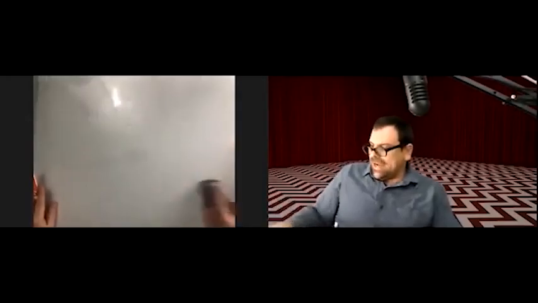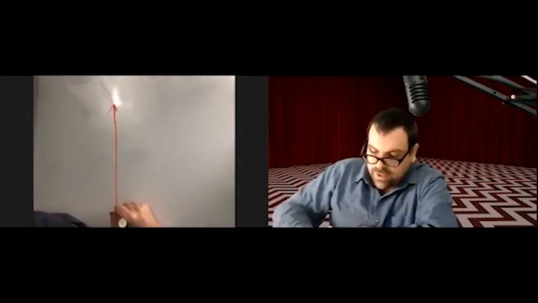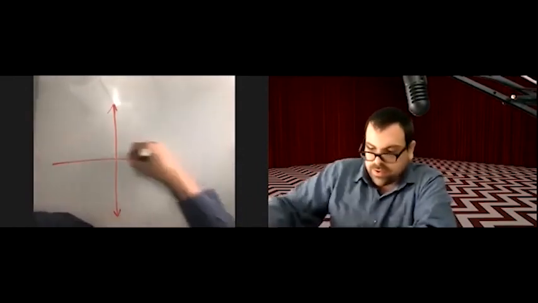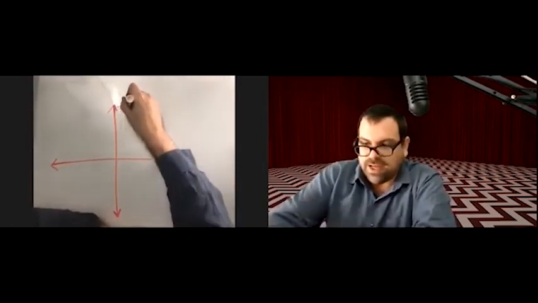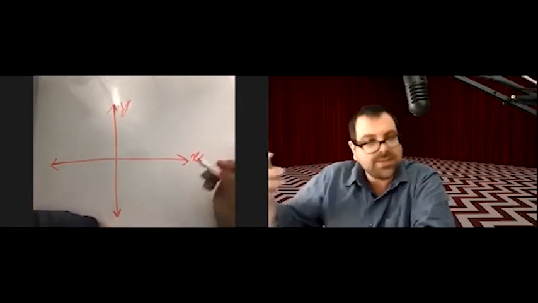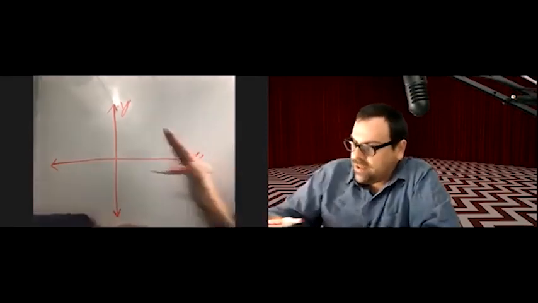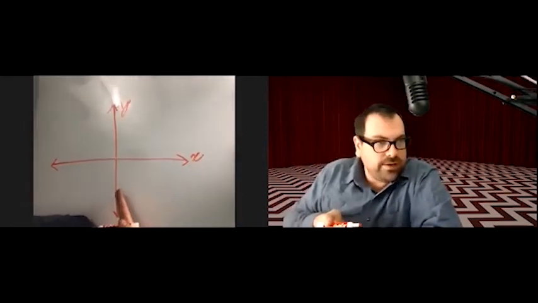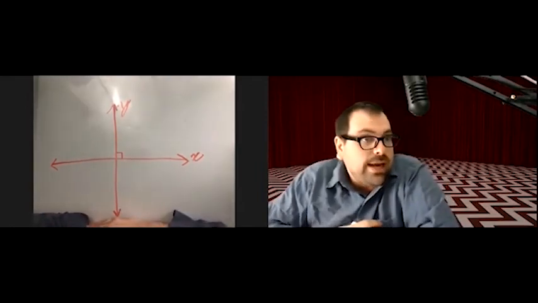I want to point out, in terms of vertical and horizontal, and I'll just use the most famous vertical and horizontal lines, our y-axis and our x-axis. A horizontal line and a vertical line are perpendicular. They do meet at a right angle.